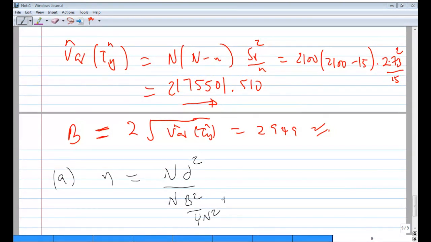It's like this, isn't it? Sigma squared. Because we have not been given the population variance, we estimate it with s_r squared. So it's B squared over 4N plus s_r squared.